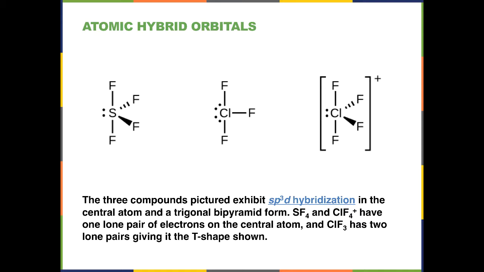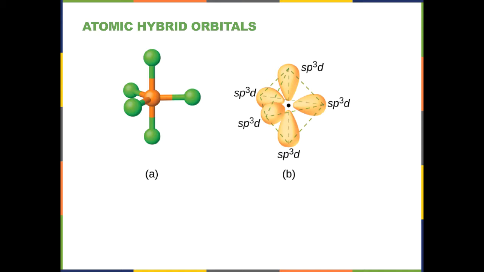It's seen in sulfur tetrafluoride and chlorine tetrafluoride, and you'll note that the middle chlorine or sulfur has five pairs or ten electrons, so it violates the octet rule, which is why I say it's an unusual situation. But in order to do that, it has to form five sp3d, and the extra one comes from the d.